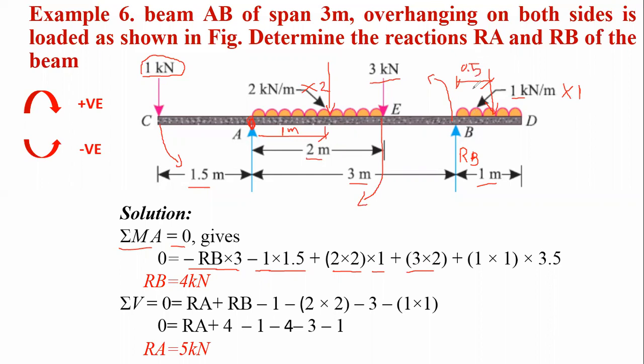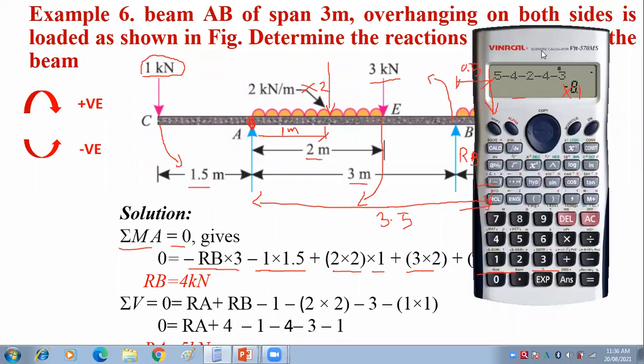But we have to measure the distance from A. It means from this to this end, the distance will be this 3 plus this 0.5, it becomes 3.5. That's why 1 into 1 into 3.5 over here. Now solve the terms.